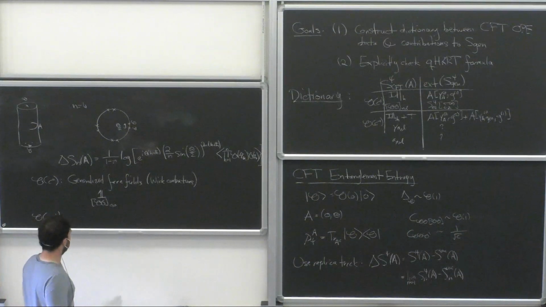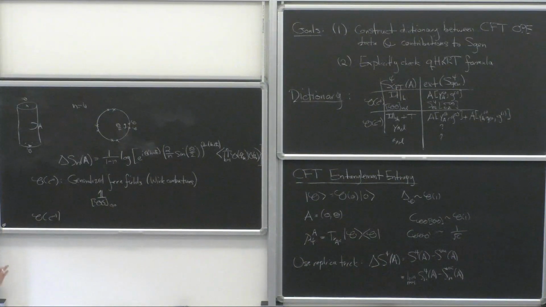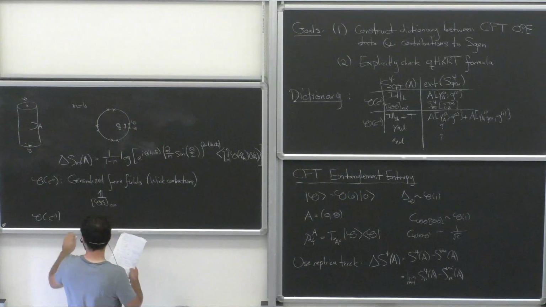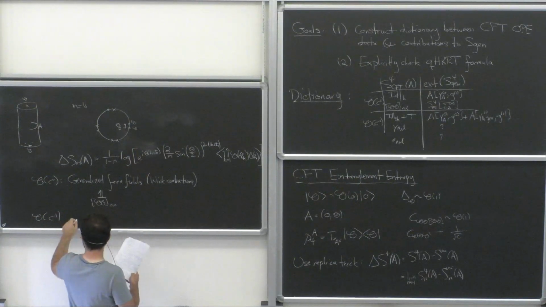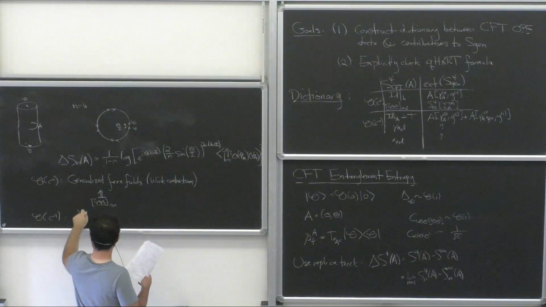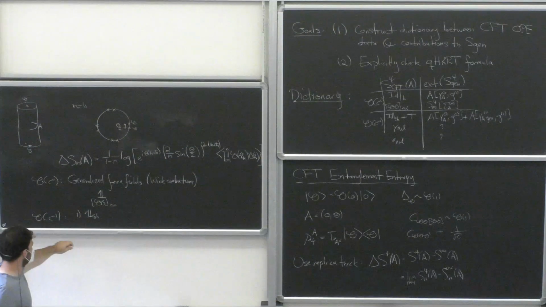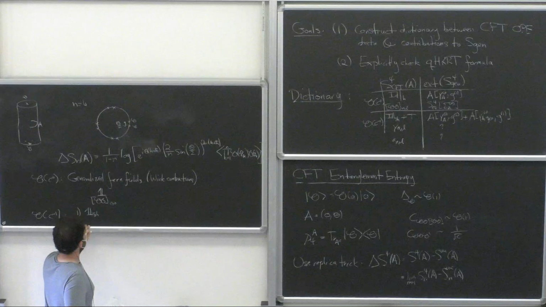And there's a very beautiful paper by Gobeil, Collier, Maxfield, and Perlmutter where they actually computed these 1 over C corrections to OPE data. So at order 1 over C, there are corrections to the dimension of these operators O, which I'll explain.